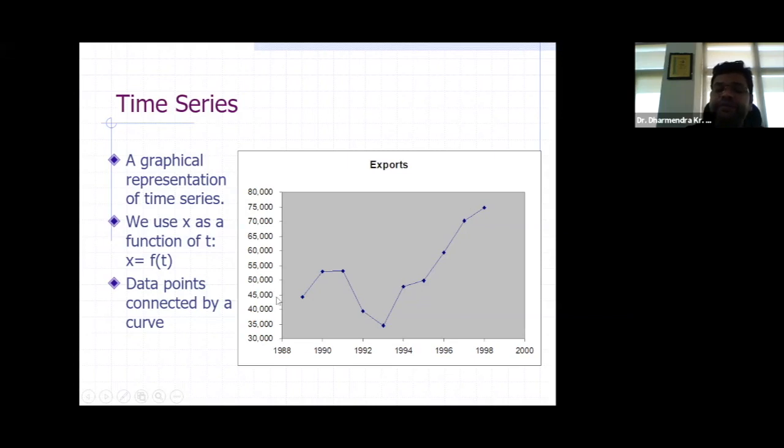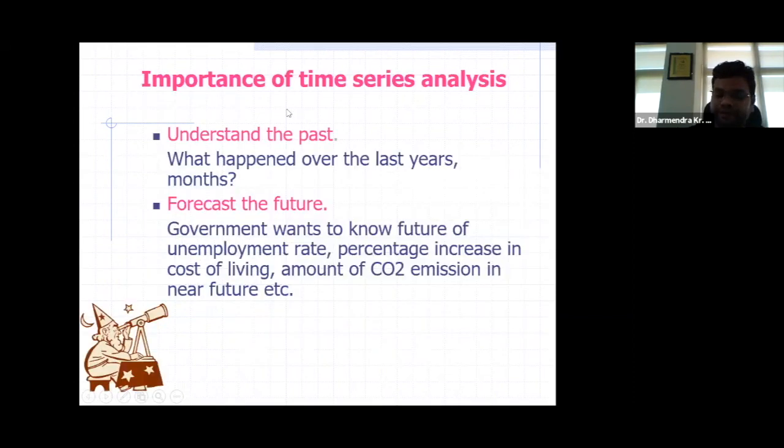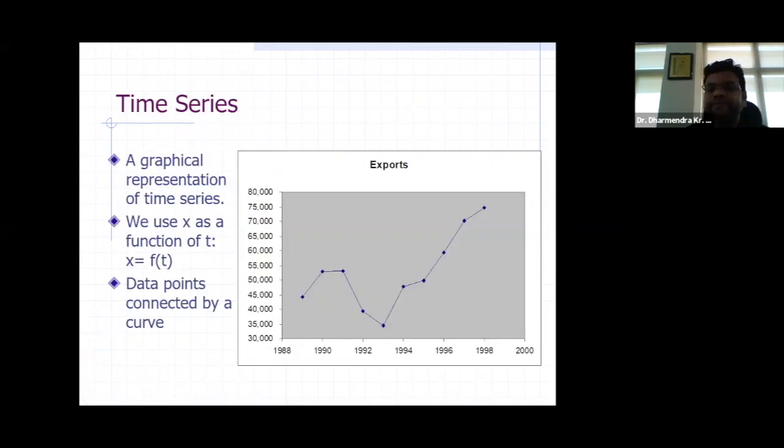By using this type of trend graph, we can find out the nature of that phenomenon, whether it is increasing, constant or decreasing. You can find out the nature of that particular time series data by plotting this graph.